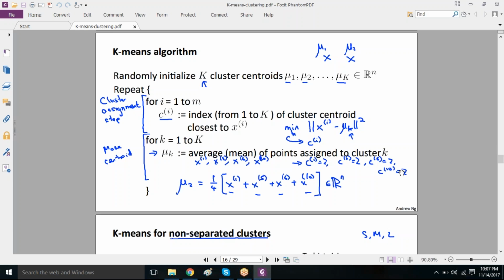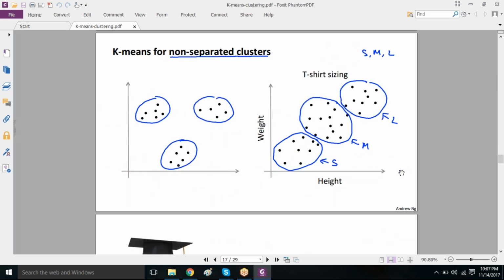Now there can be situations like this also. On the left hand side, it's very easy to cluster the data, because intuitively by seeing only you can tell that these are three clusters. These are separated clusters on which you will perform k-means and it will model that.